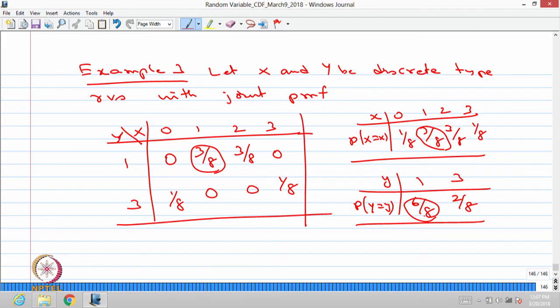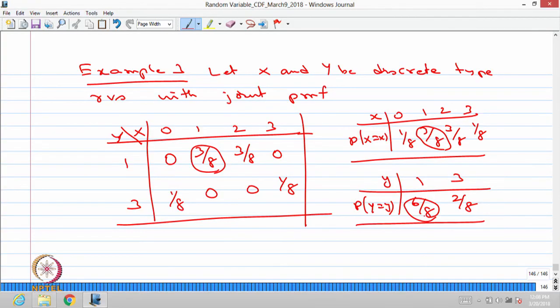Even if one pair does not satisfy it, you cannot conclude they are independent random variables. Only if, for all the pairs, the joint probability mass function is the same as the product of the probability mass functions of x and y can you conclude they are independent. Since one pair does not satisfy, you can immediately conclude both random variables are not independent.